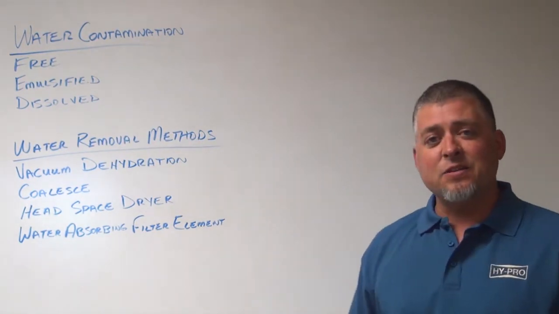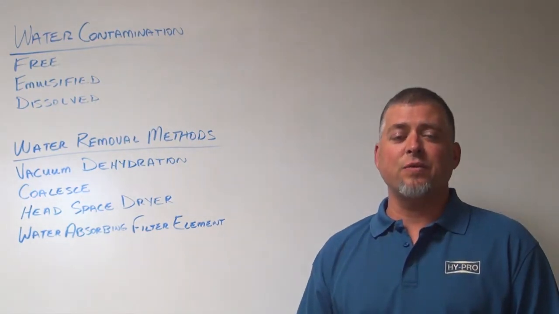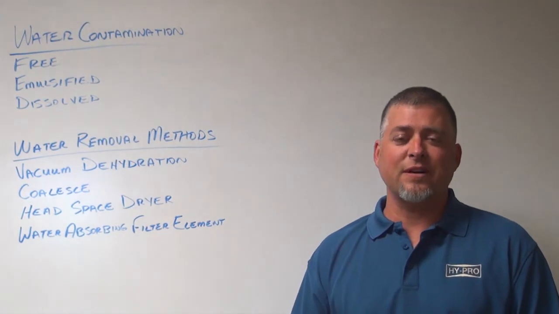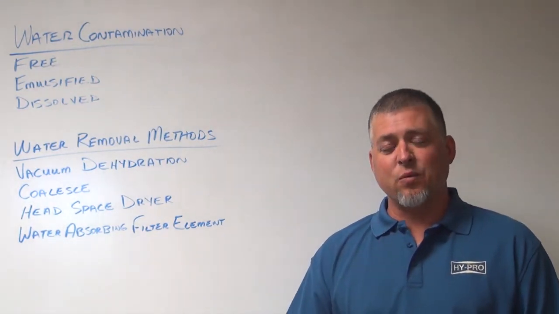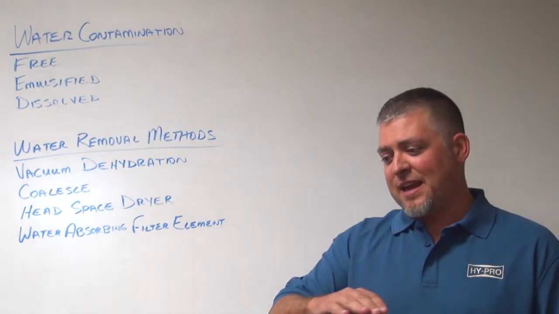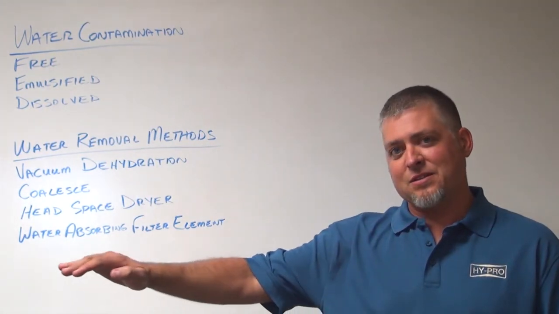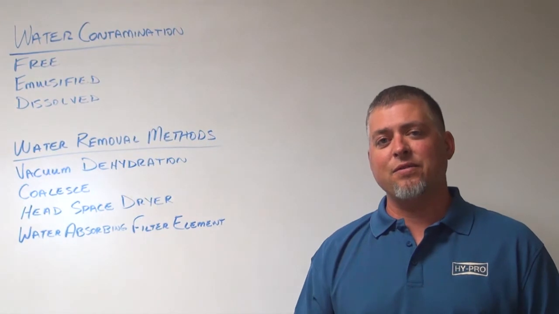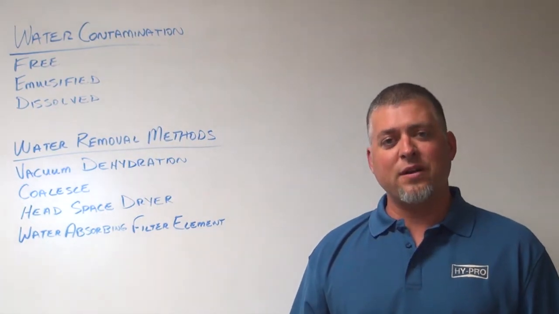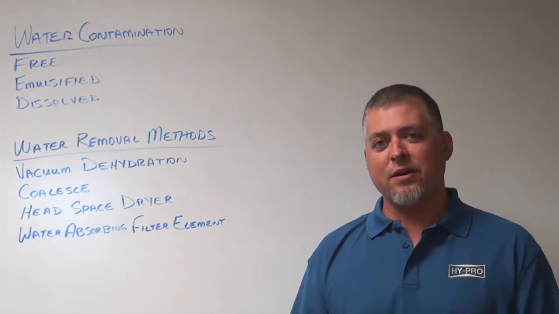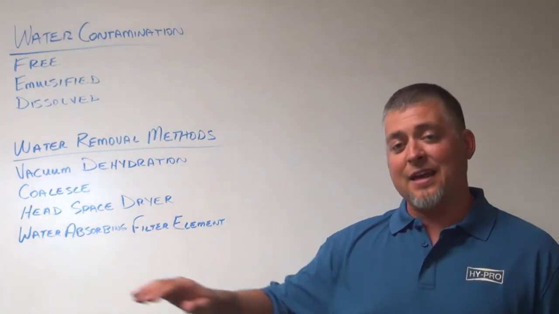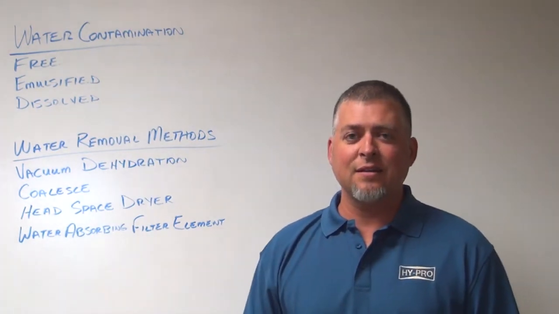The next is the headspace dryer. The headspace dryer removes all free water, all emulsified water, and a portion of the dissolved water. The way it works is the super dry air is sent across the top of the oil level, and the oil that is wetter than the air tries to reach equilibrium and will release the water into the air, and then the air is exhausted out of the reservoir.